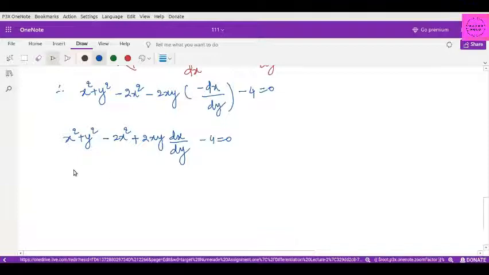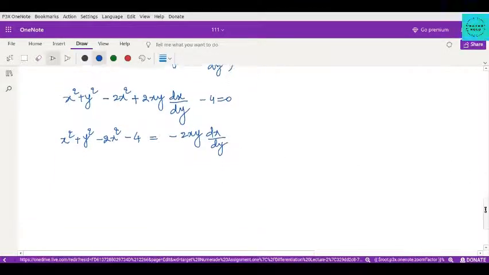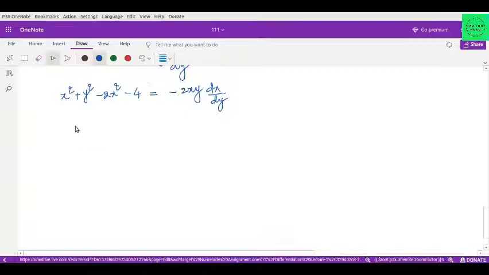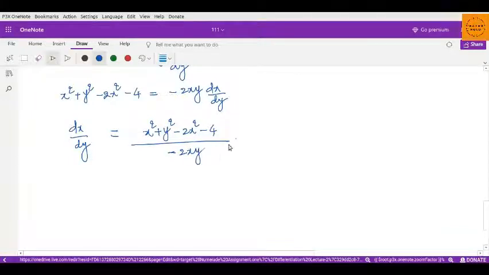Or we have x square plus y square minus 2x square minus 4 equal to minus 2xy dx upon dy. And further, dx upon dy equals x square plus y square minus 2x square minus 4 upon minus 2xy.